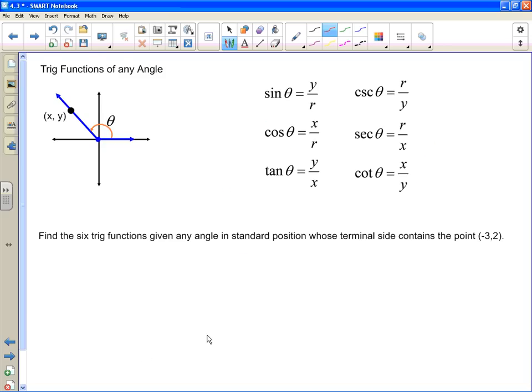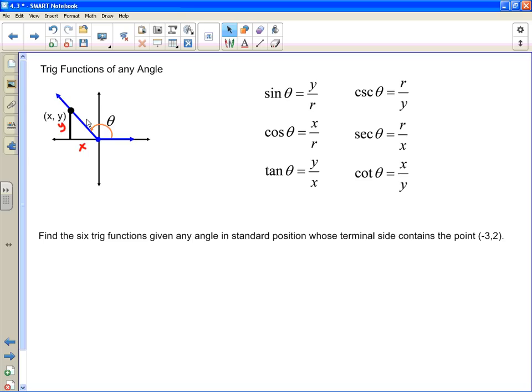Now let's think about how to apply this to any angle. Because we were able to draw a triangle here, by connecting this to this, we drew a right triangle, and so this side down here is x. This side was y.